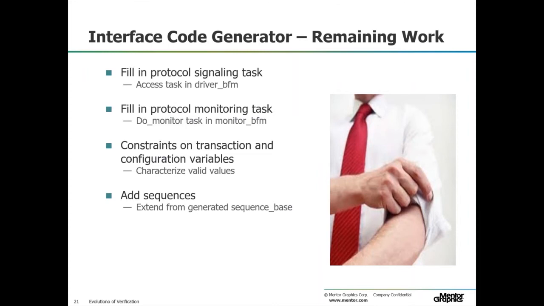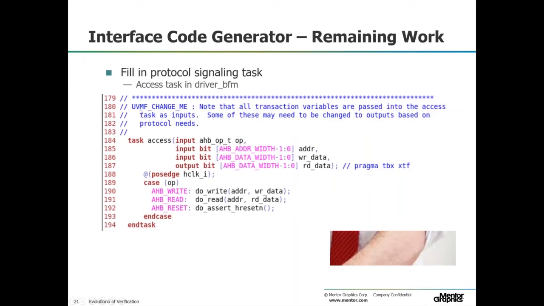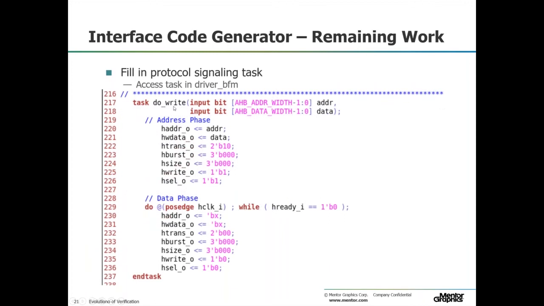So for instance, you'll need to go into this driver BFM file. You actually can just search for this UVM change me within that file. And in this case, when I want to send transactions, it puts in this generic access task, and I replace that maybe with a do write task and a do read task.